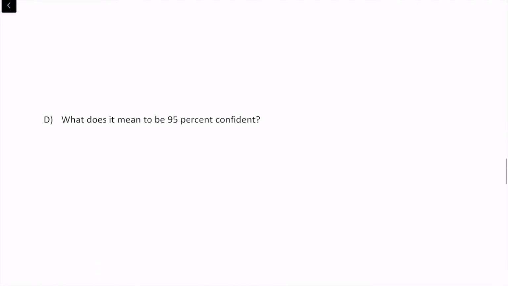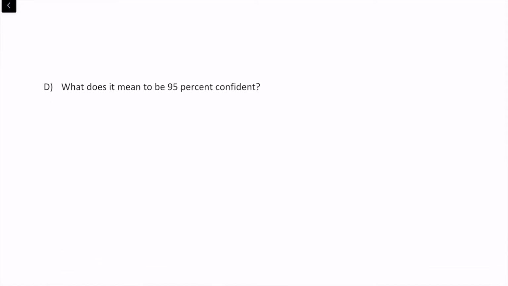I just want to piggyback on this. We talked about this in previous videos, but let's do it again. What does it mean to be 95% confident? Okay. 95% confident means that 95% of all confidence intervals, goodness gracious, I can't write.